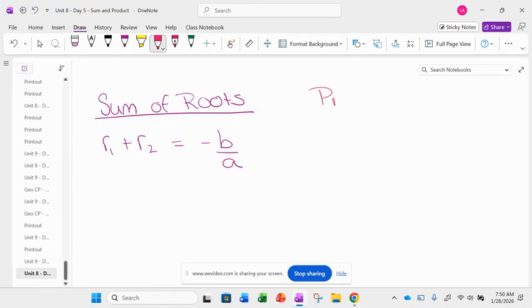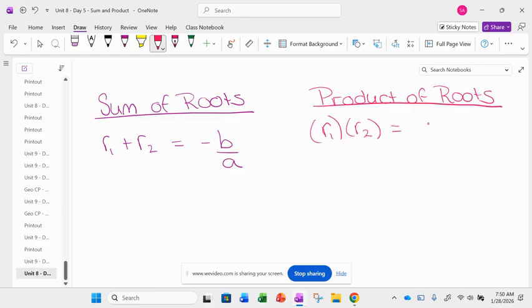And the product of the roots, which is root 1 times root 2, will always be c over a. And this is assuming a cannot be what? 0, right? A can never be 0 because that will be undefined there.